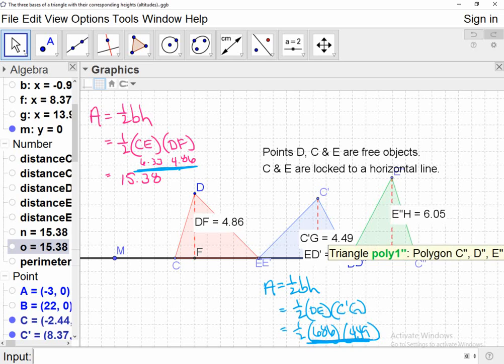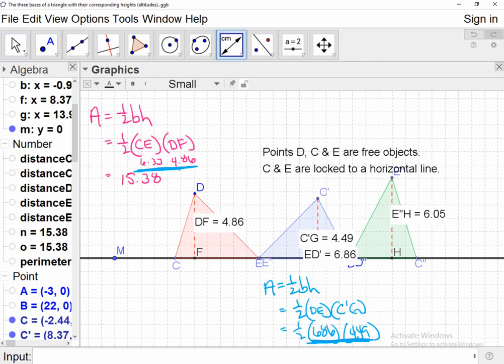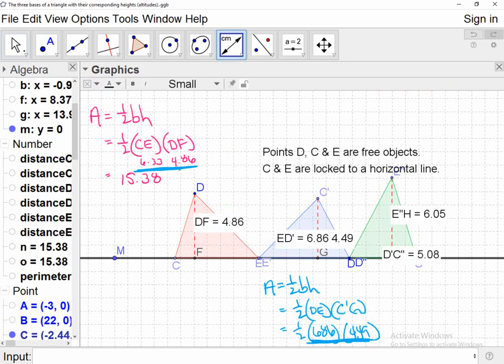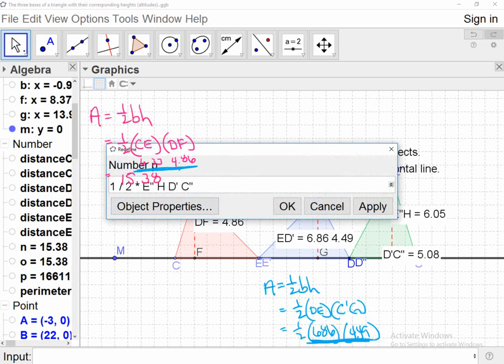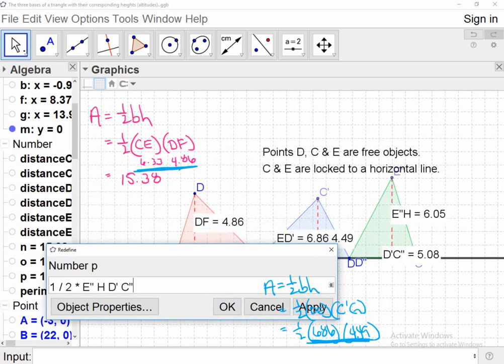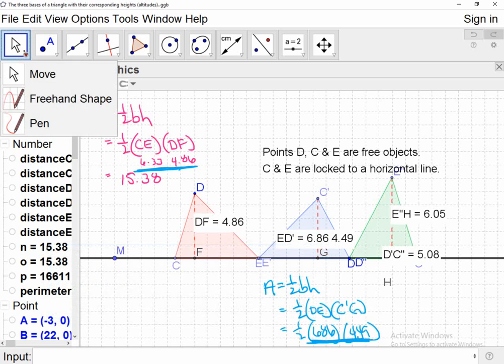If we went into the green one, that would be completely different values. Okay, 6.05 and then that number there. So if I take 1/2 times E double prime H, or E to H, and then D prime C double prime, if I multiply those together, what happened?